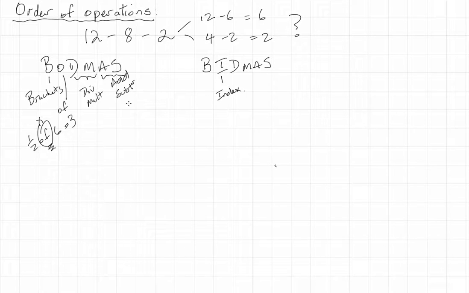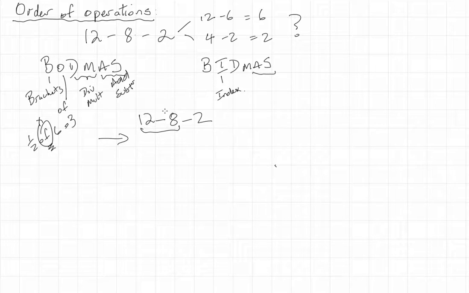So going back to this one here, we do addition and subtraction as they occur left to right. Going from left to right, there's no brackets, there's no index, there's no division, there's no multiplication, but there is subtraction.